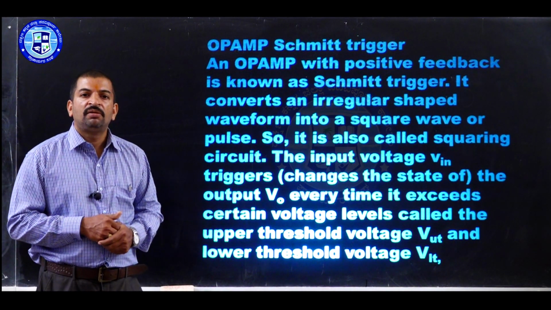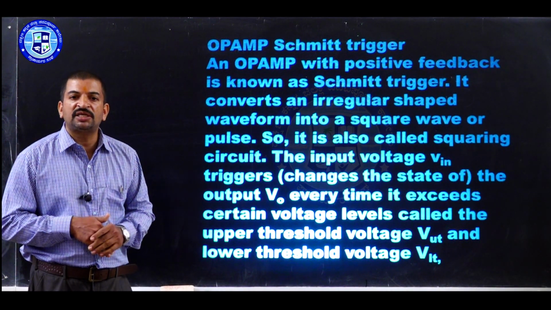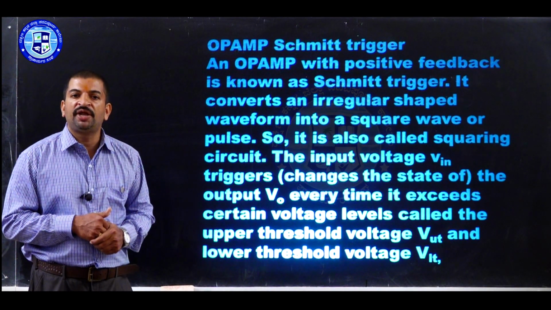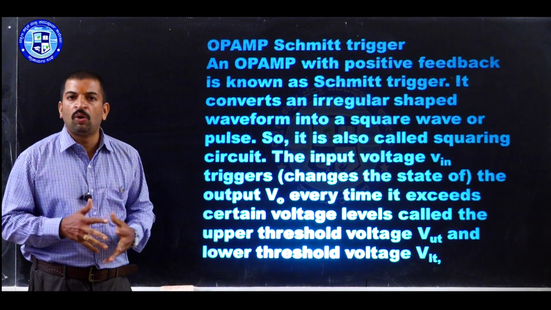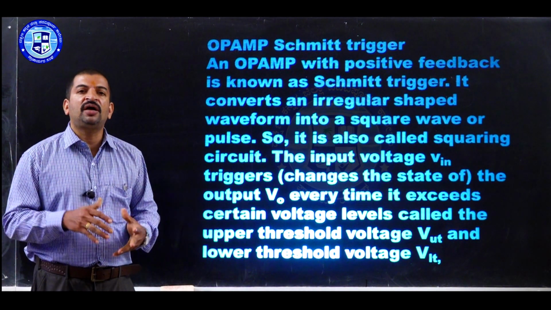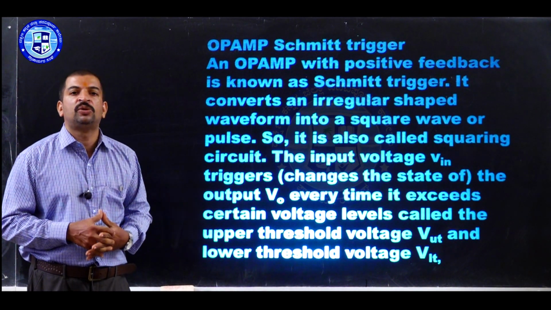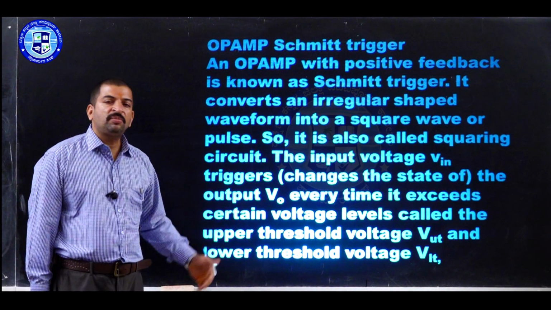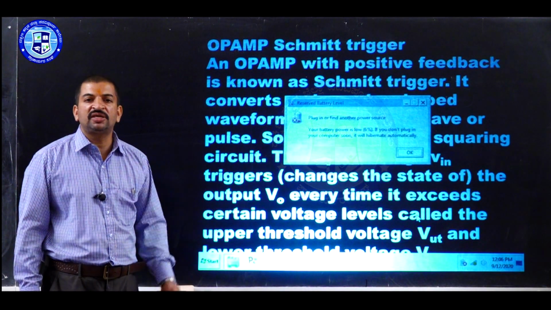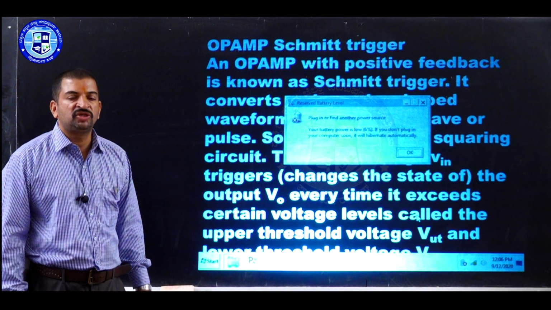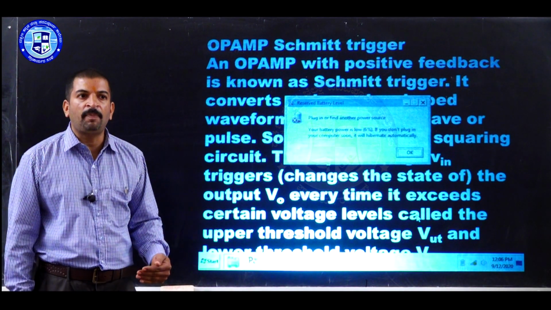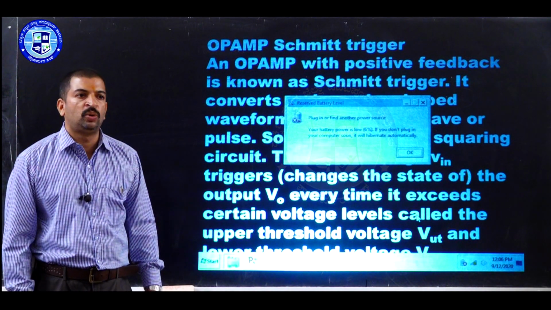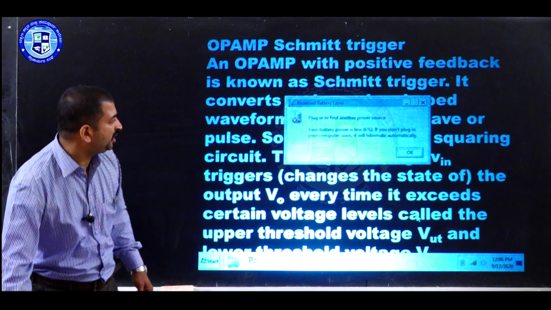Whenever the input voltage crosses some reference voltages, called the upper threshold voltage and the lower threshold voltage, the output voltage changes its state. Every time the input signal crosses the two voltage levels, the upper threshold voltage and the lower threshold voltage, the output voltage changes its state.